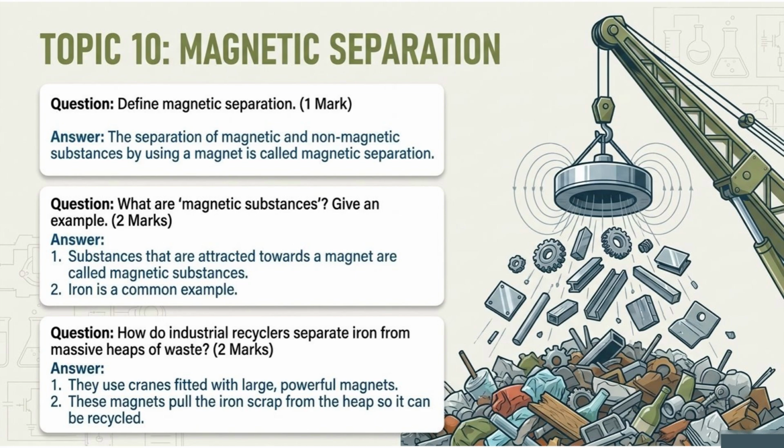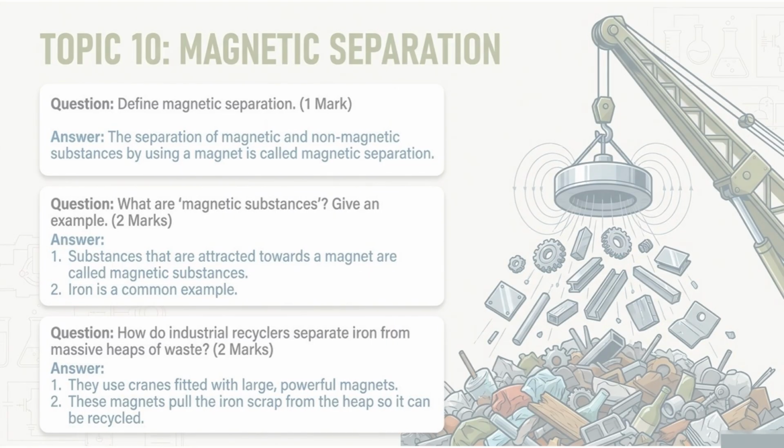Substances that are attracted towards a magnet are called magnetic substances. Iron is a common example. Question. How do industrial recyclers separate iron from massive heaps of waste? 2 marks. Answer. They use cranes fitted with large, powerful magnets. These magnets pull the iron scrap from the heap so it can be recycled.